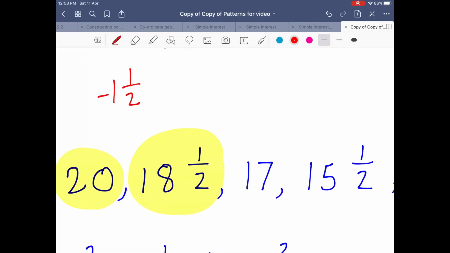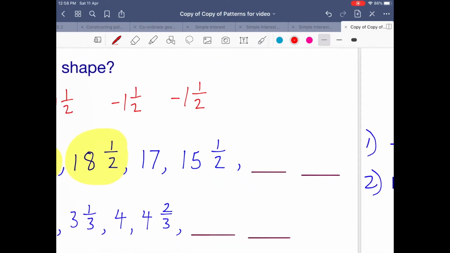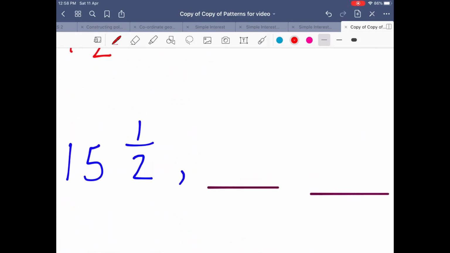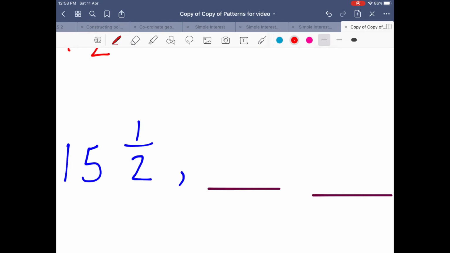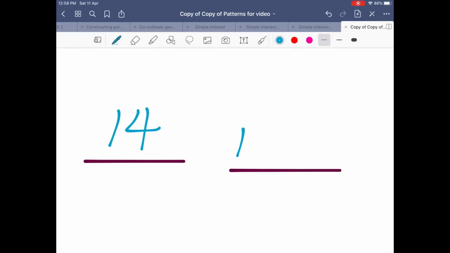Again, from 18.5 to 17, we are simply minusing 1.5. And from 17 to 15.5, we must minus 1.5. From 15.5, we must take away 1.5, and this will give me 14. And 14 take away 1.5 will give me 12.5.